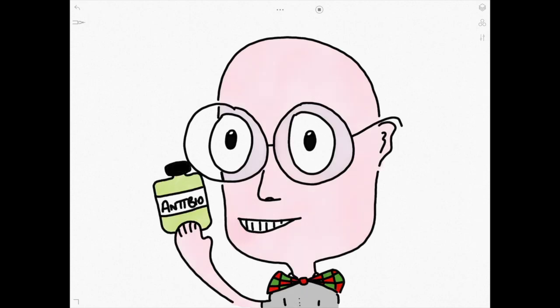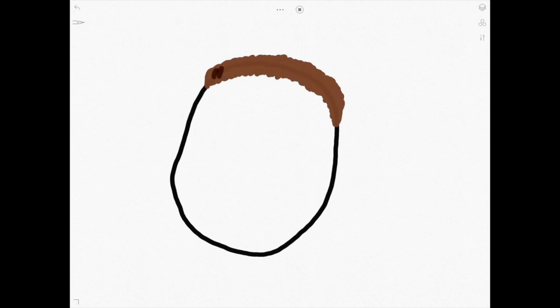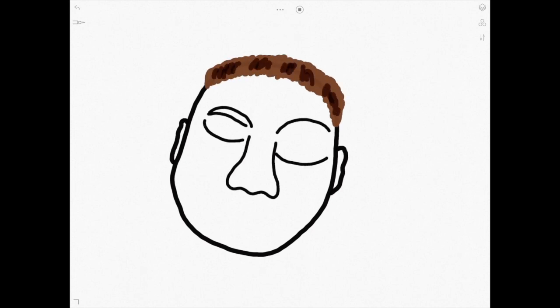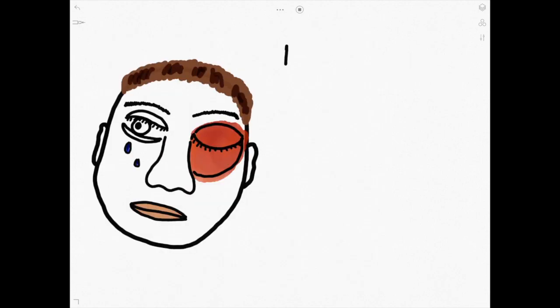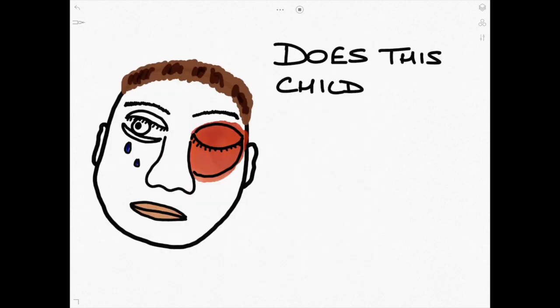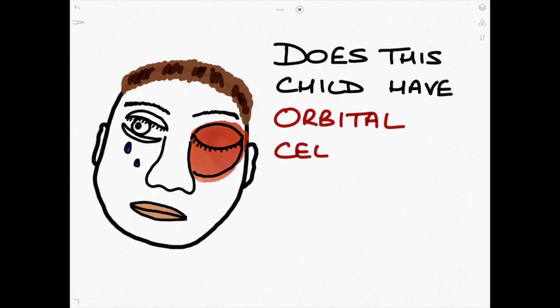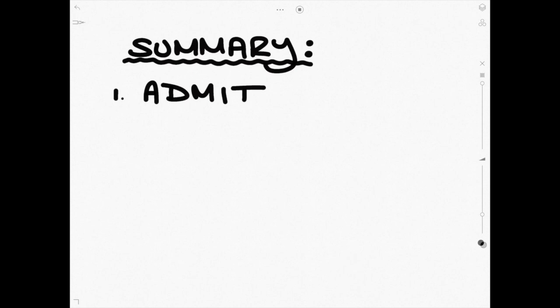So to summarize, in patients presenting with unilateral swelling, painful movements of the eyes, as well as an eye that's protruding forward, you need to consider the diagnosis of orbital cellulitis. You immediately admit them and have a multidisciplinary approach involving pediatricians, ear, nose, throat specialists and ophthalmologists to review the patient.